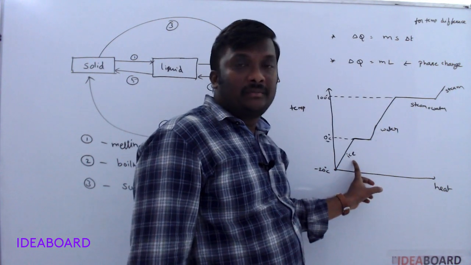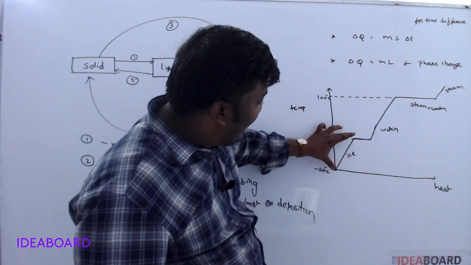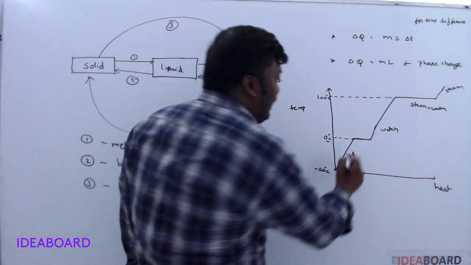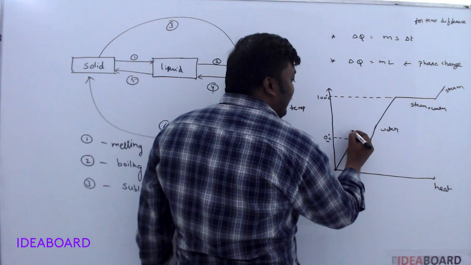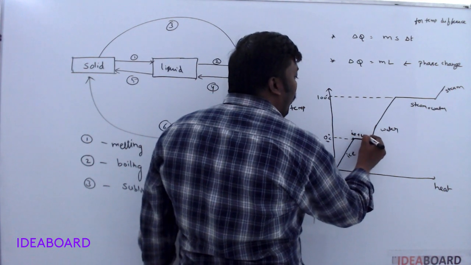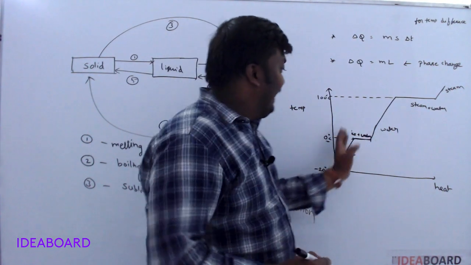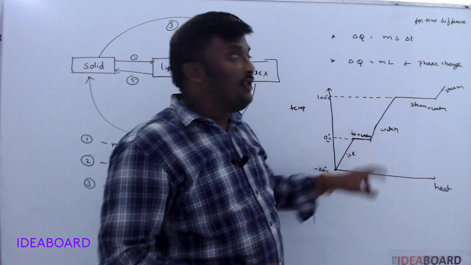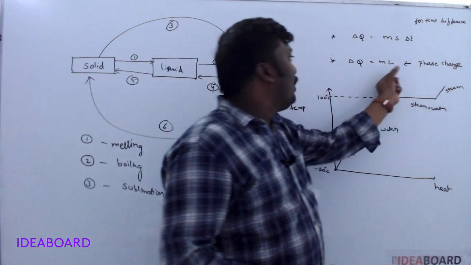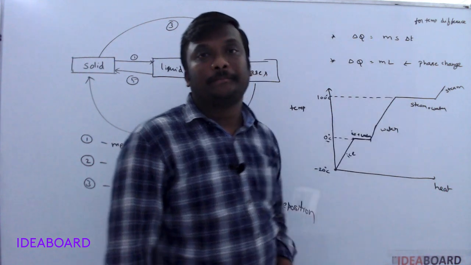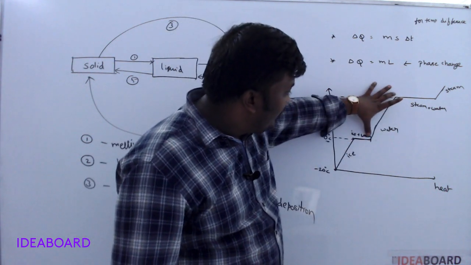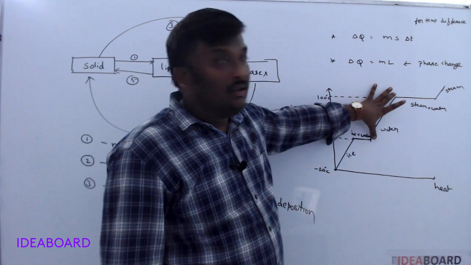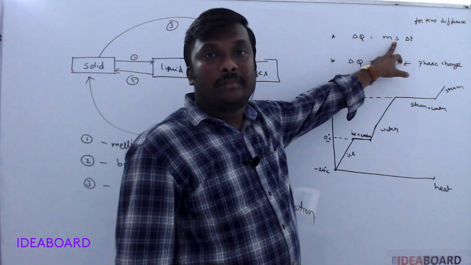Clear? Next, at this particular temperature, ice is converted into water. Whenever the state or phase changes, you use the formula ml. After that, from 0 to 100, it is only water, so again you use ms delta T.